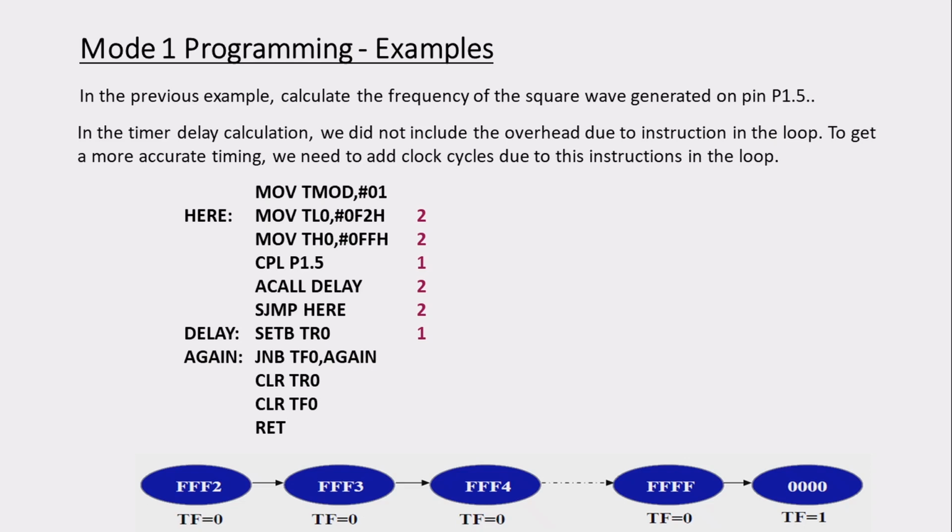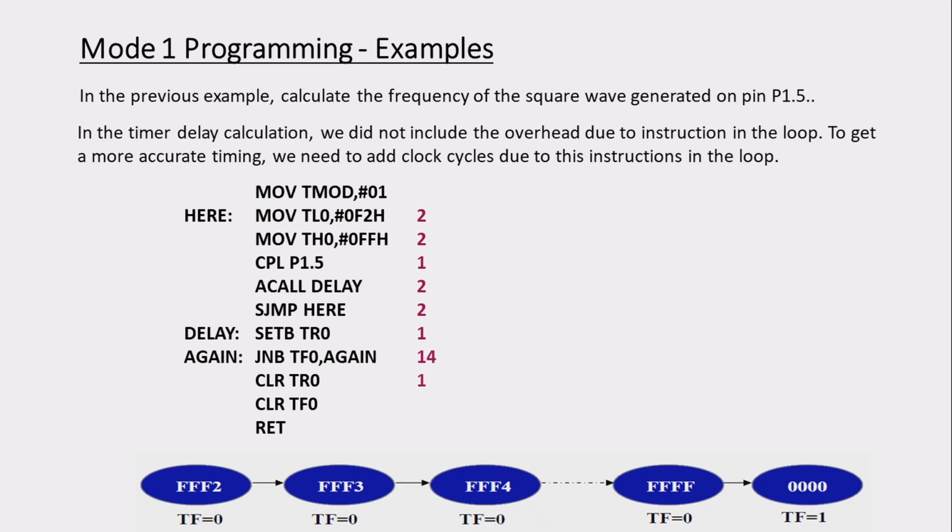Since in the next line it is a loop, how many times is this loop going to execute? It is going to execute 14 times, because after 14 clock cycles my TF is going to be raised, that is why it is going to take 14 clock cycles.